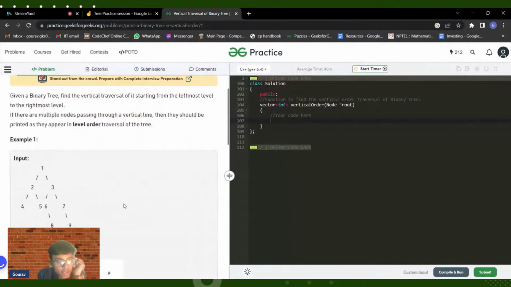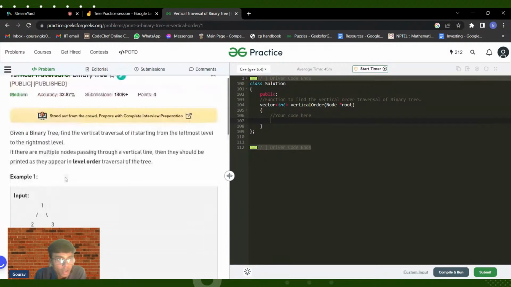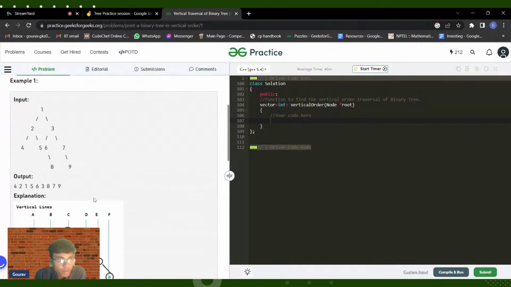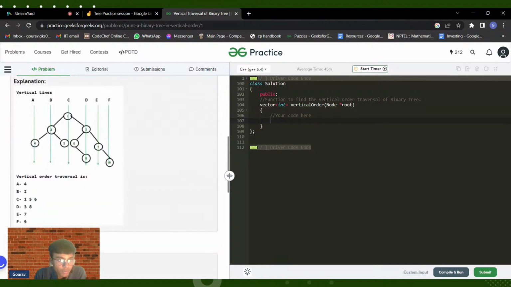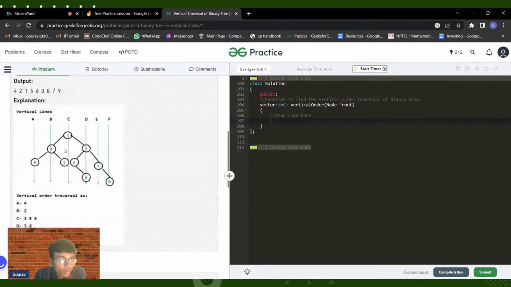What the question is saying is that you are given a binary tree with the root. You have to return a vector consisting of the vertical order traversal. A diagram has been given explaining the vertical order traversal. We will proceed from the left end to the right end. In the first vertical, we observe that node number 4 is present, so we will output the value 4 in the beginning, then the node 2, then the node 1, 5, and 6.